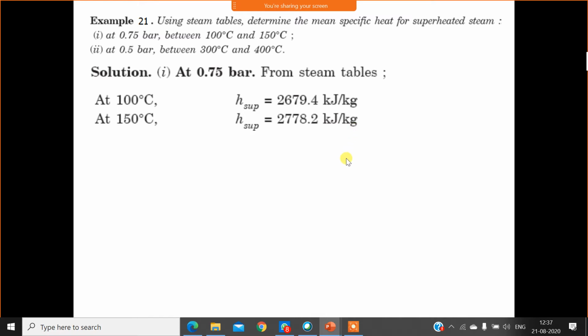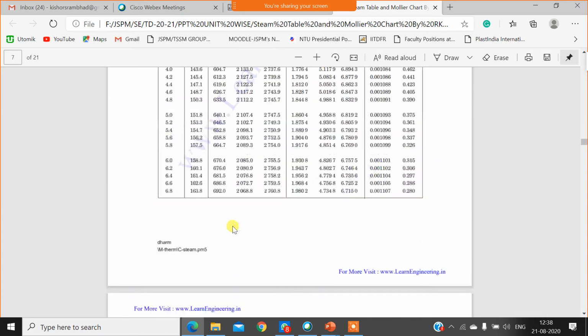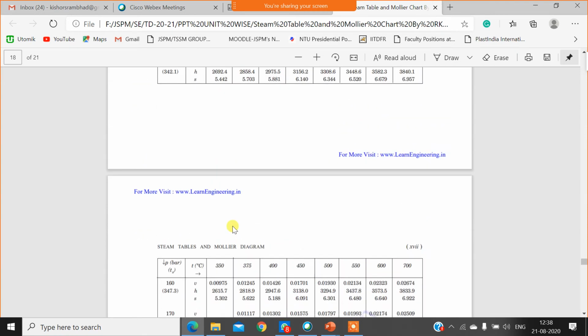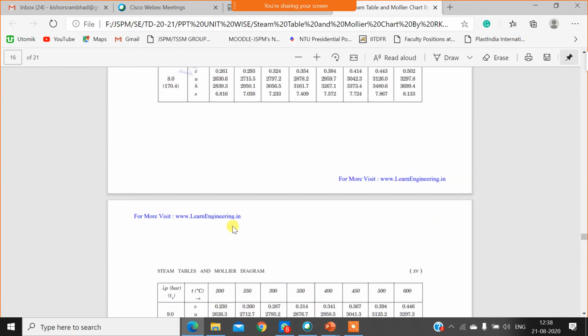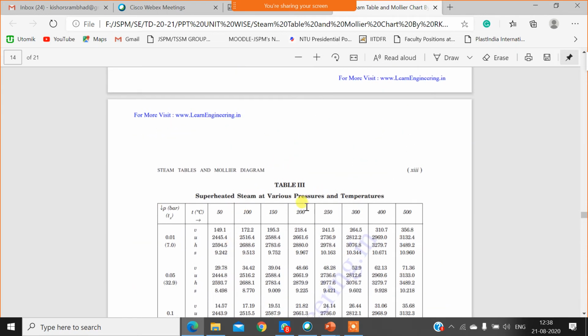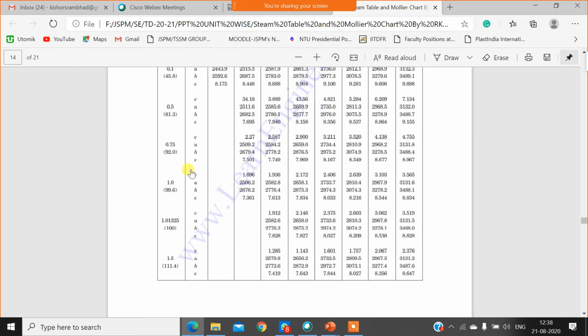Now I will explain again how to check the enthalpy of superheated steam. For superheated steam, we have to go to table number 3. This is table number 3. Pressure is 0.75 bar. Look here, for 0.75 bar, saturation temperature is 92 degrees Celsius.